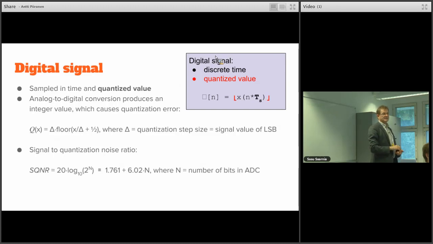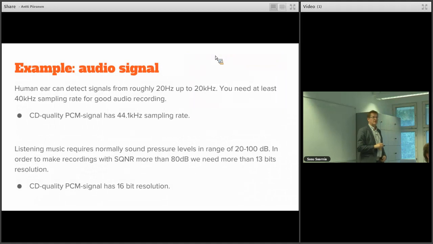But then there's the signal to quantization noise ratio. This is quite interesting. That tells you how many bits you need in your A to D conversion in order to achieve some sort of dynamic range. Okay, SQNR. For example, audio signal.